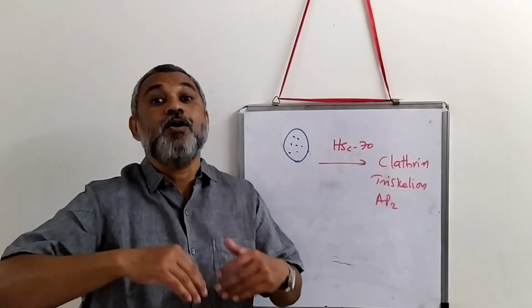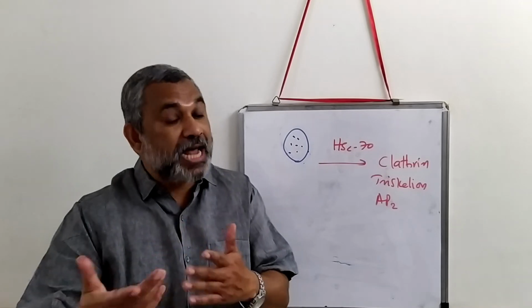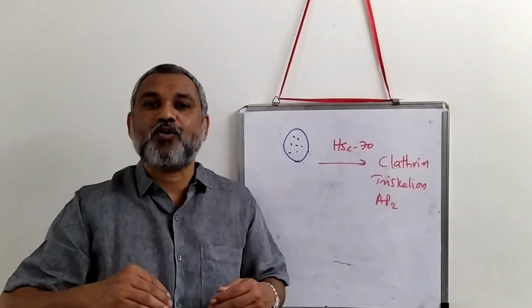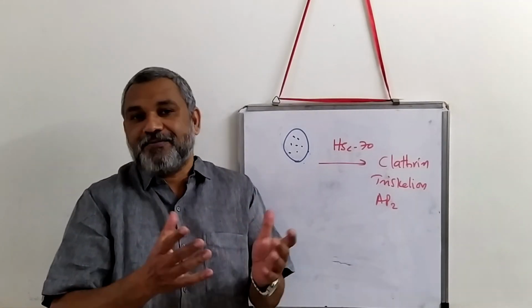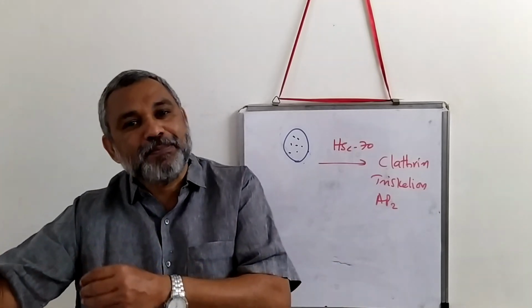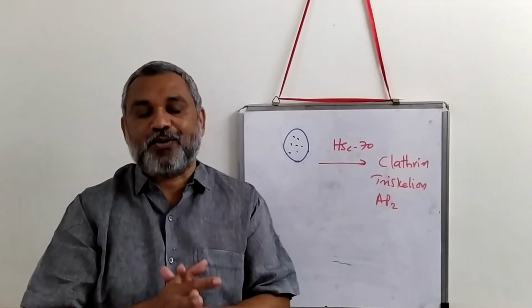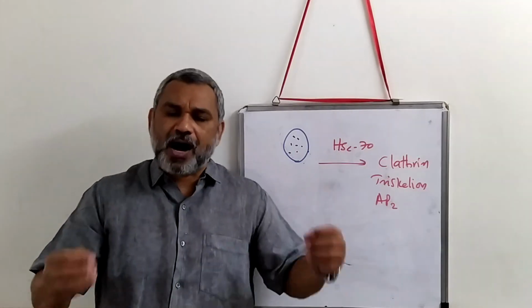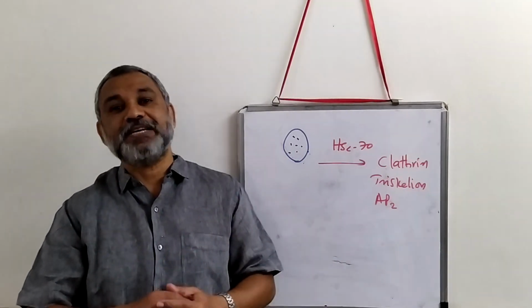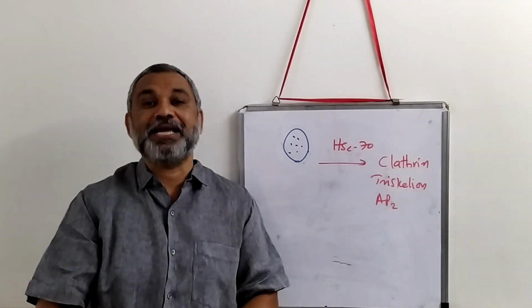Once it is separated, what is the role of Hsc70, a chaperone, in order to remove the coat, uncoating of this vesicle, and then it is getting merged with the right location. So this is how the clathrin coated vesicles are transporting cargo.